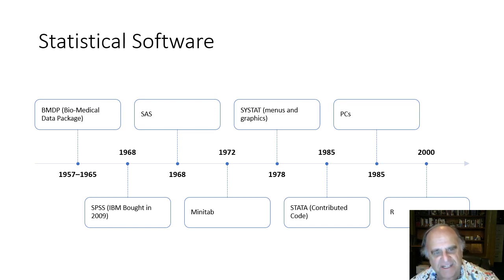In 1968, also SAS came out, a major competitor to SPSS, probably a little bit more of a true programming language. In 1972, the program Minitab was introduced. Back in the 70s, 80s, and even 90s, a lot of students learned statistics on Minitab because it was often included with undergraduate statistical textbooks.